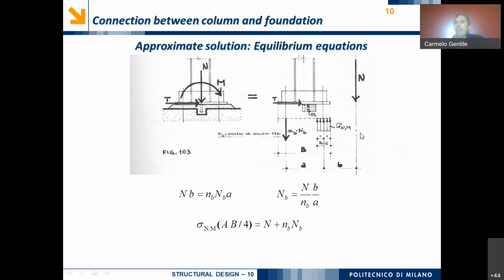We have already stated that here the main key is assuming the dimension of the compressed region. So if the overall length of the plate is capital B, we can assume, for example, that the width of the compressed region is B over 4.